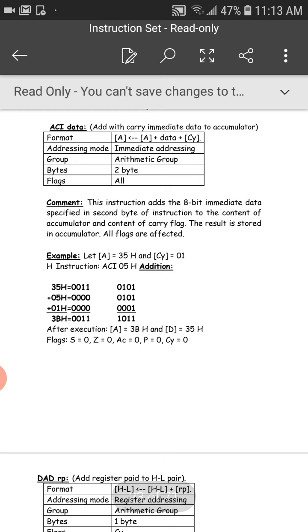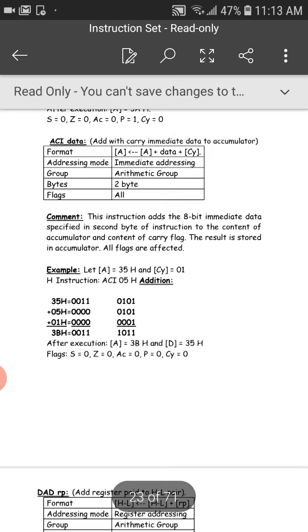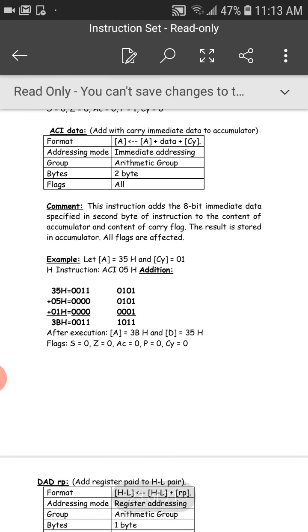Then next is ACI instruction, that is add with carry immediate data to accumulator. So this instruction adds the 8-bit immediate data in the second byte of the instruction to the contents of the accumulator and the content of the carry flag, and the result is stored in the accumulator and all flags are affected. See the example.